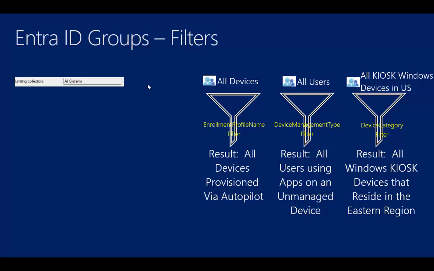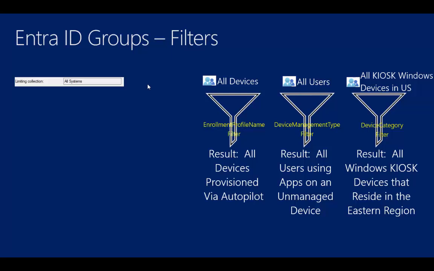In other words, that is a higher level collection that you want yours to be linked to. And when you link to that higher level collection, the limiting collection, what that means is the membership of your new collection can be all of the membership of the limiting collection, if you want it to be, but can be less than that if you choose, based on criteria.